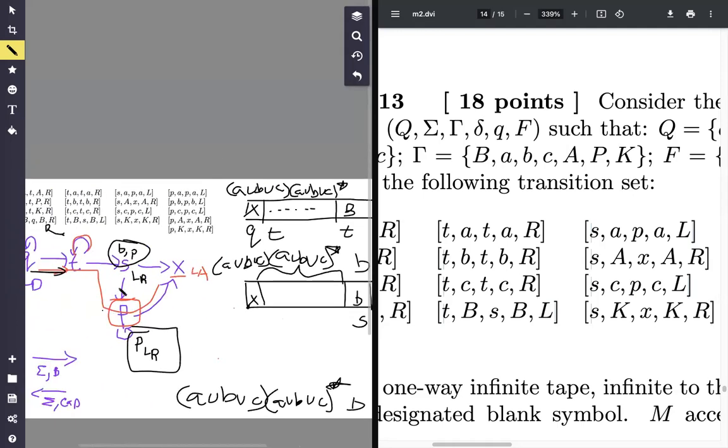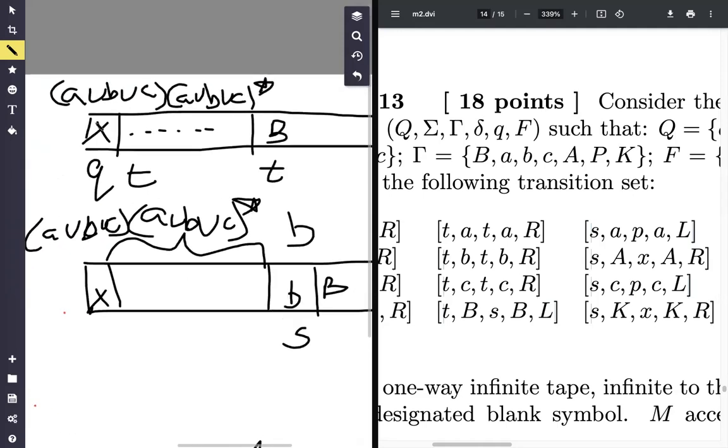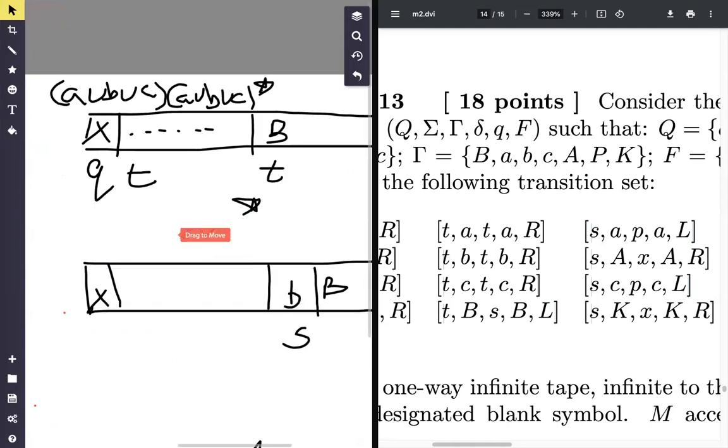Okay. But now let's also try to figure out how to get to state S and then look at a capital P. If we got to state S and we were looking at a capital P, the only way we see a capital letter is if state S was actually looking at the first symbol. If it's looking at the first symbol, that means this star was empty.